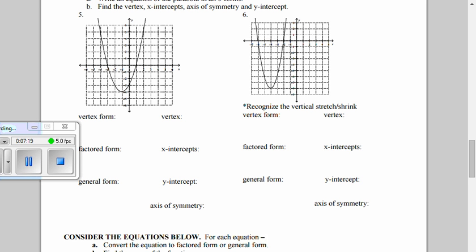Let me show you something. Do you remember how this thing goes over 1 and up 1, and therefore I can tell there's no stretch factor on it? If you look at this one, can you tell it's not over 1 and up 1? And therefore, there's a stretch factor. It's not too tough. You just have to figure out how much further up it went than it was supposed to, and then use that for your stretch factor.